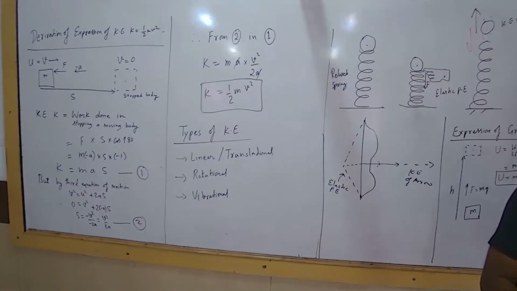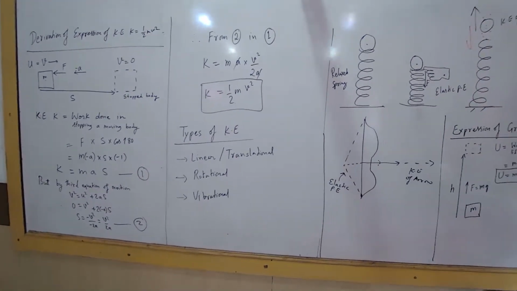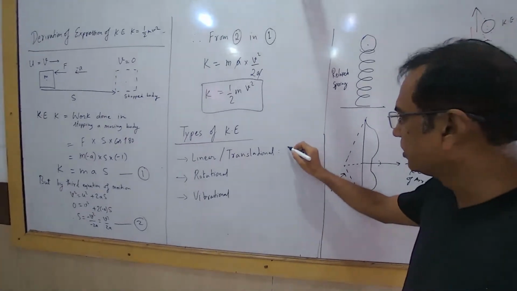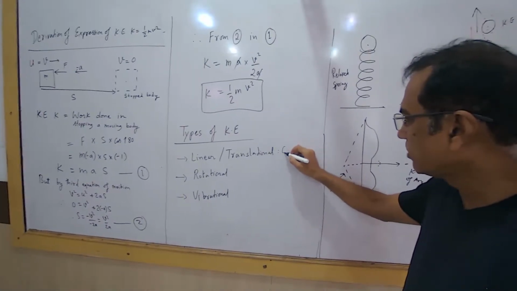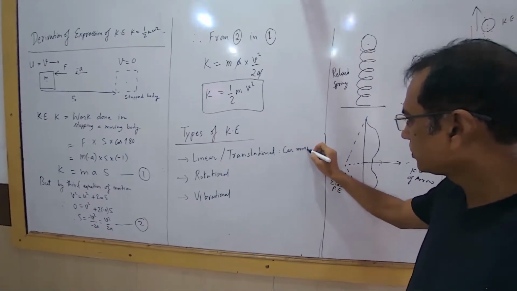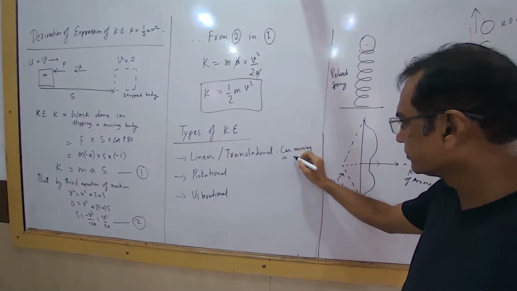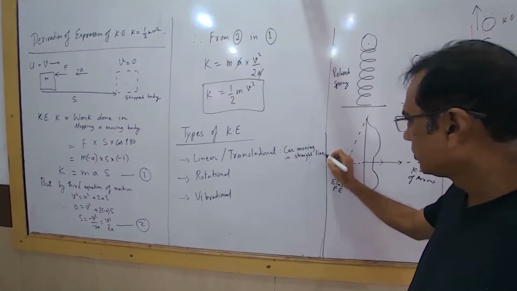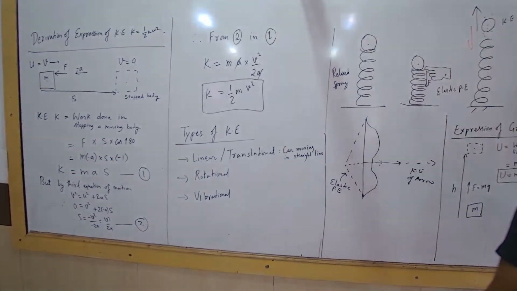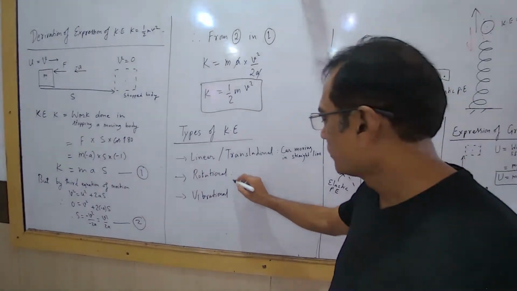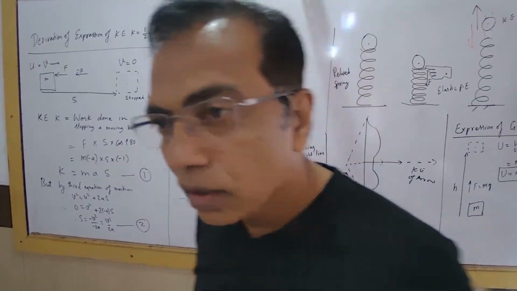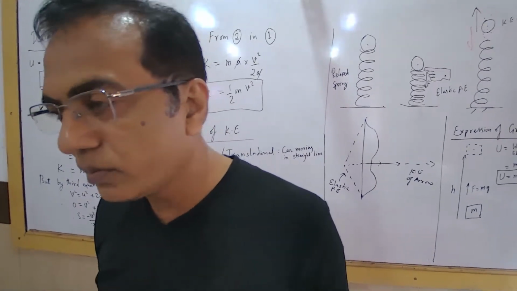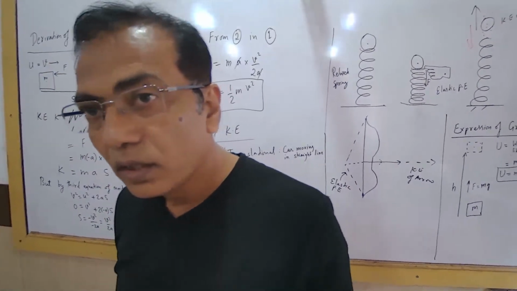Now give me an example of each of these. Where can you find linear? A car, or any body moving in a straight line. For rotational, a fan, an electric fan. For vibrational, a mobile phone vibrating, or the strings of a guitar.